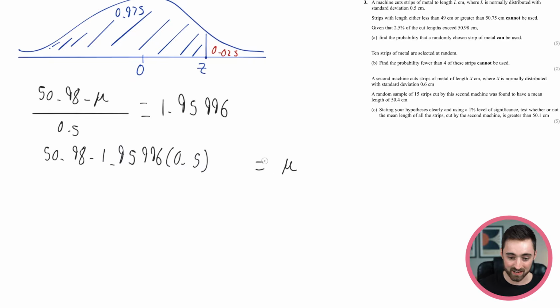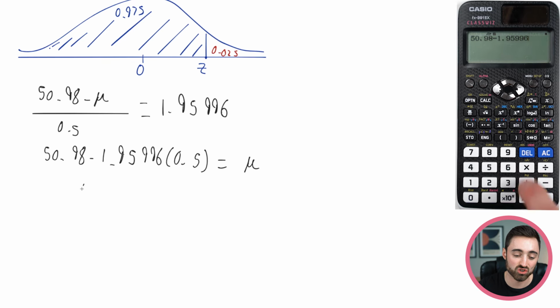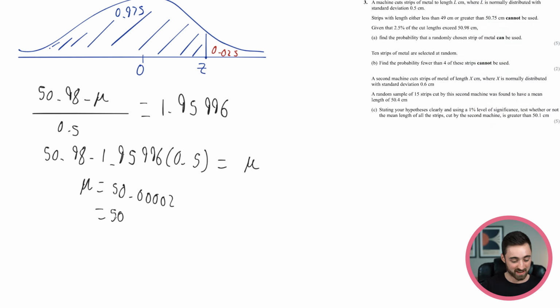Don't need a plus sign anymore. That is lazy maths right there. So now I can just put this into my calculator, can't I? Go back to the normal mode. Do 50.98 minus 1.95996 times 0.5. And that is going to get you so close to 50, isn't it? It's going to get you 50.00002. I'm saying that's 50. String me up, right?